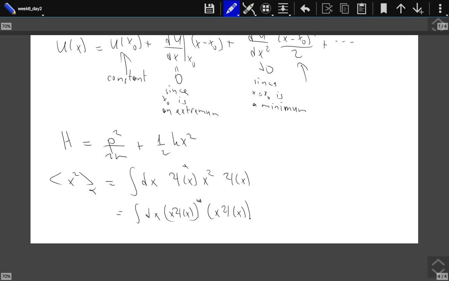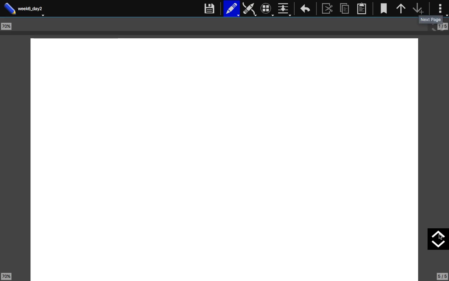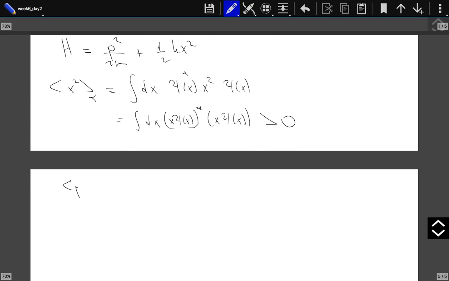But you see, the integrand is positive all the time. So the average of x squared in any ket is always larger than 0. Similarly, you can just show that the average of p squared in any ket is always larger than 0. So they are definitely positive operators.